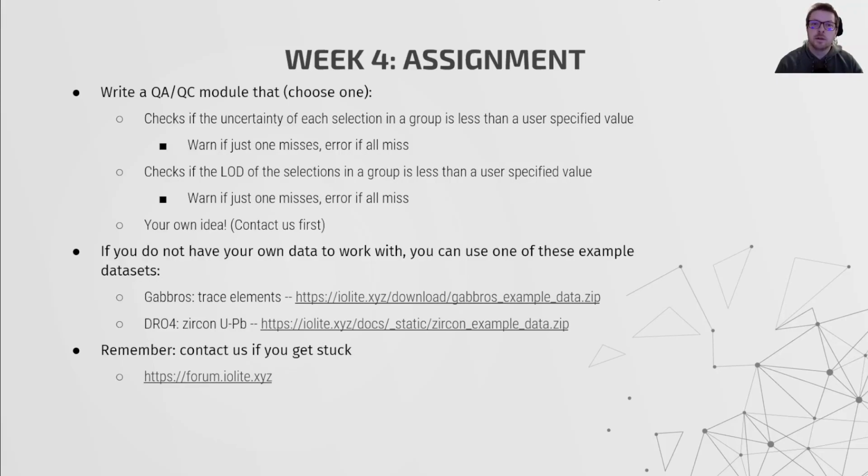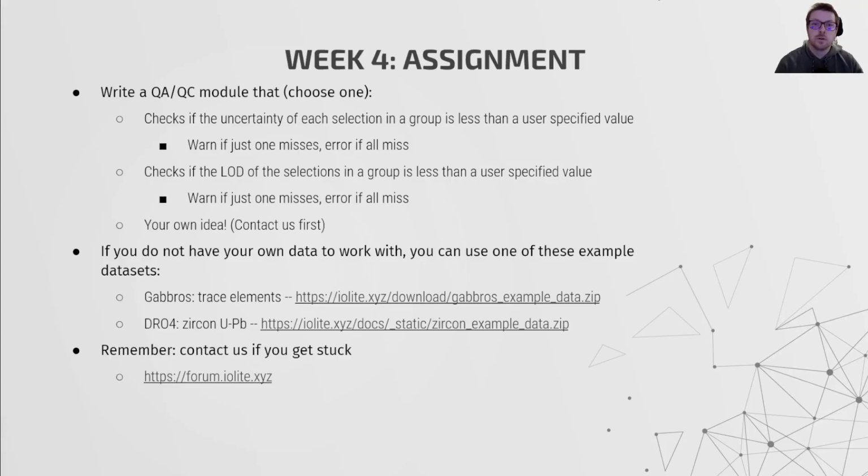Remember that you can get the uncertainty from a result object, and you can get a result object using the data.result function. The second idea is to write a module that checks if the LOD of the selections in a group is less than a user-specified value, and warns if just one is missed, and errors if all missed. Remember again that the LOD can be retrieved from a result object.